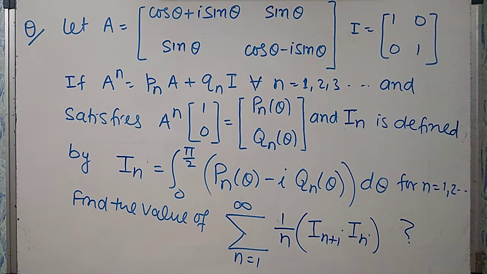Let's see the question. Let matrix A = [cos theta + i sin theta, cos theta - i sin theta], and I = [1 0; 0 1].